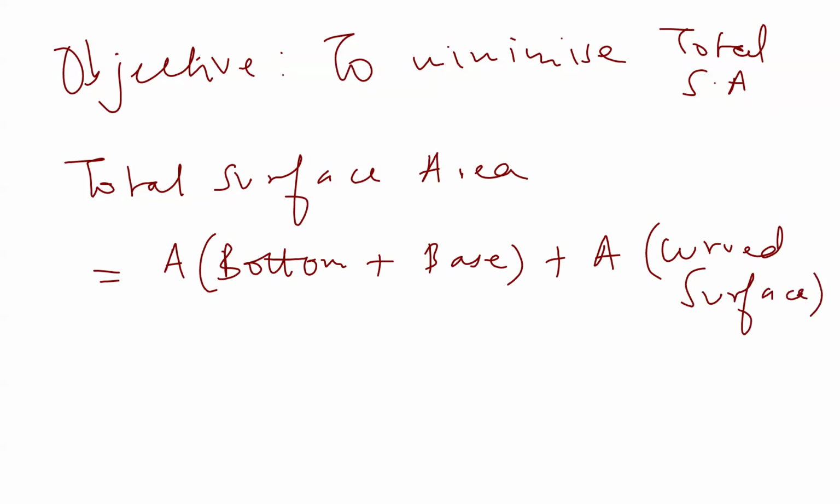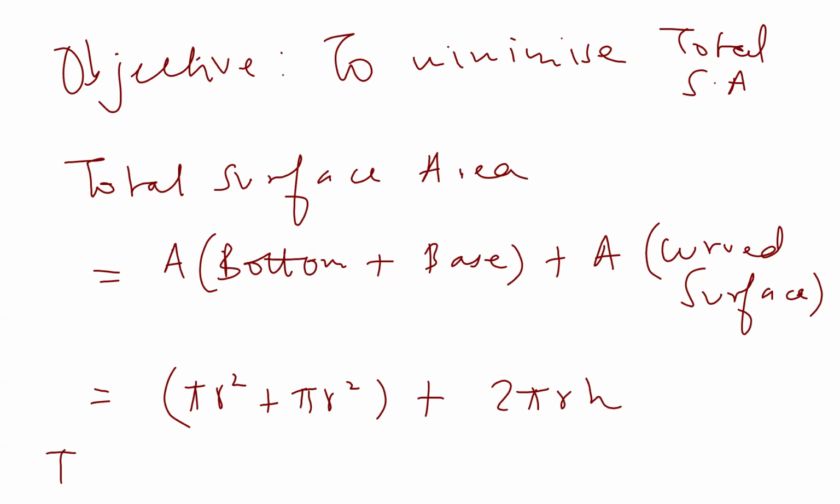The area of the bottom and base is pi r square individually, so this will be pi r square plus pi r square. Do you agree with me? And the area of the curved surface is 2 pi r h. So the total surface area is 2 pi r square plus 2 pi r h.